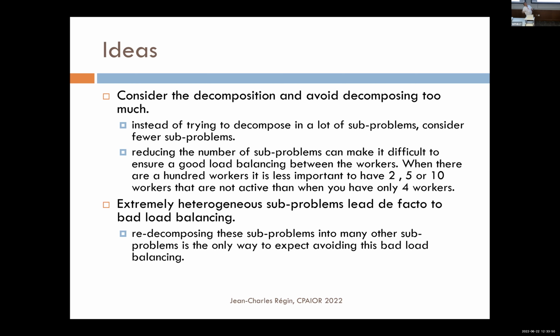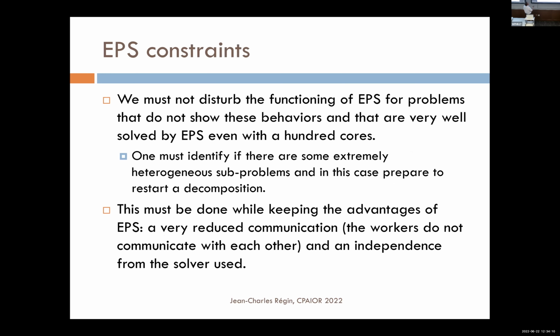And the second thing is that if we have extremely heterogeneous sub-problems, de facto, we are going to have a bad load balancing for solving that problem. So breaking that problem later will be fine. The problem is that we don't know what these sub-problems are. Otherwise, we could decide to break them immediately.